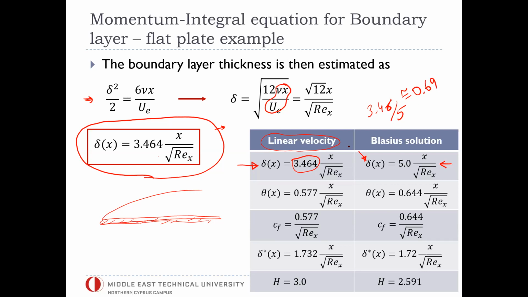So this simple linear velocity assumption results in about 30% less prediction of boundary layer thickness compared to Blasius. Is it good or bad? Engineering judgment, we have to decide. Similarly, we have all these, but I want to discuss them also in detail.